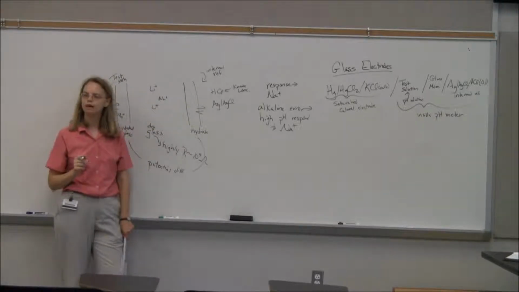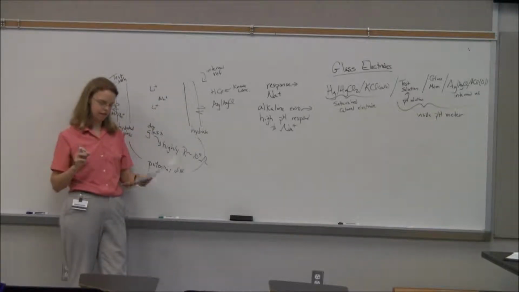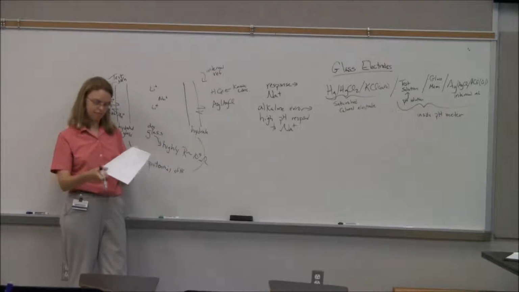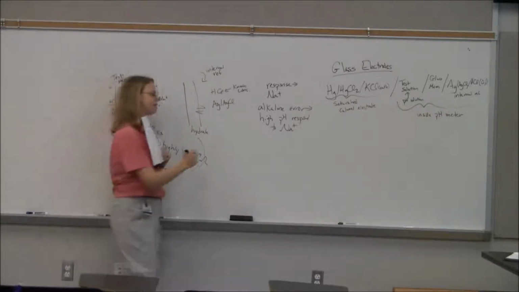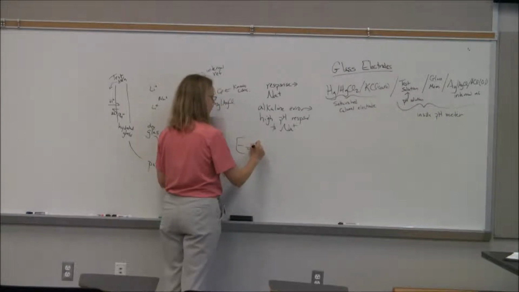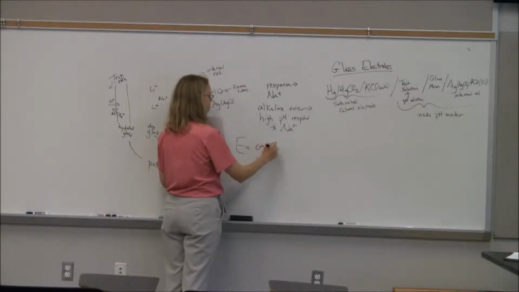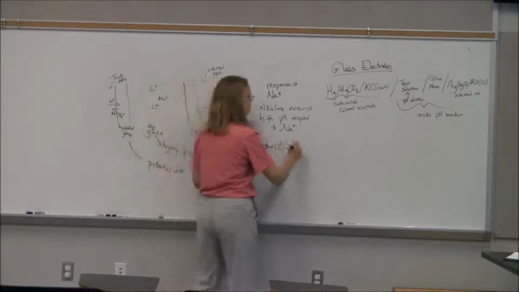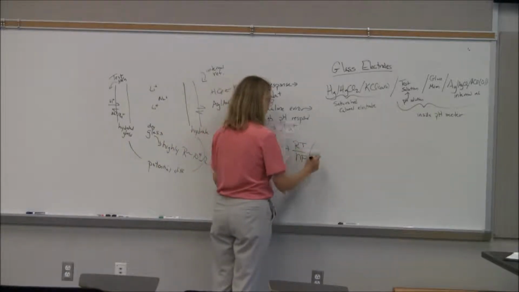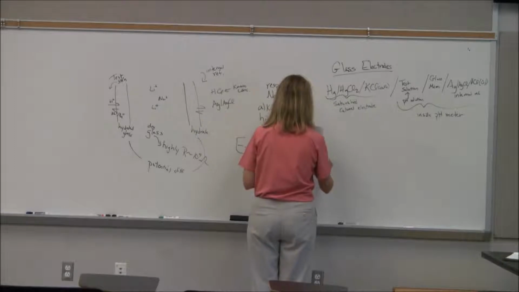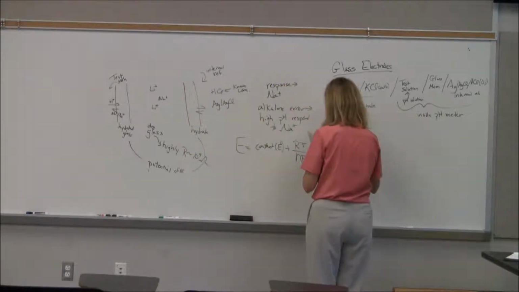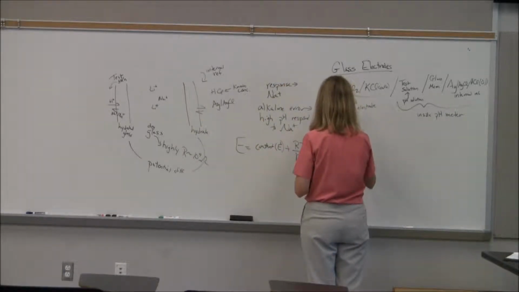Basically, we would write out the Nernst potential for this: some sort of constant, E0, plus RT over nF times the log of the activity of H plus, plus some sort of selectivity factor for H plus over Na times whatever the activity of the Na plus is.